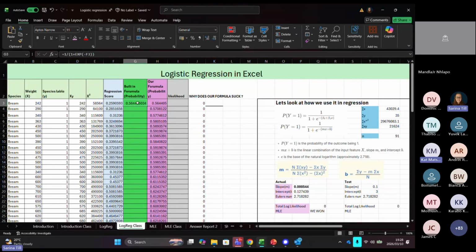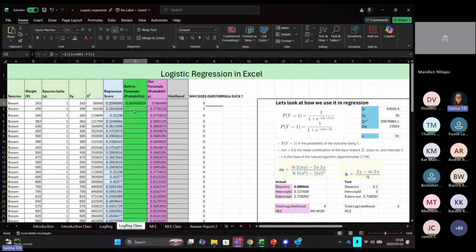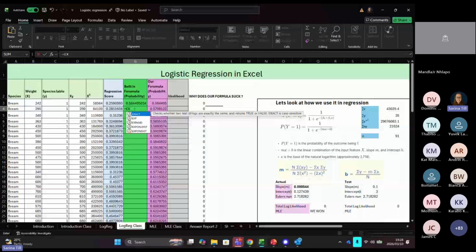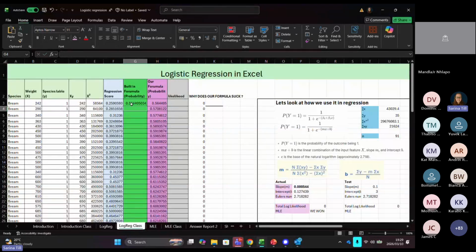Yes, it's inside the EXP. If we type equals EXP, it returns E, Euler's number, raised to the power of a given number. And we give it this number. If we look at that formula, we say, please take negative the regression score.